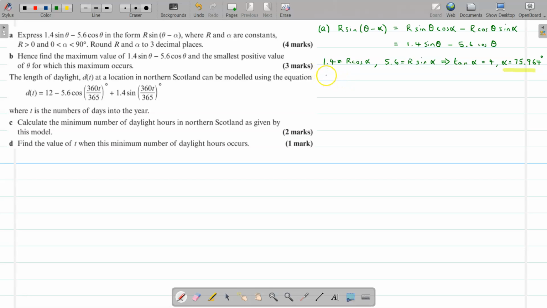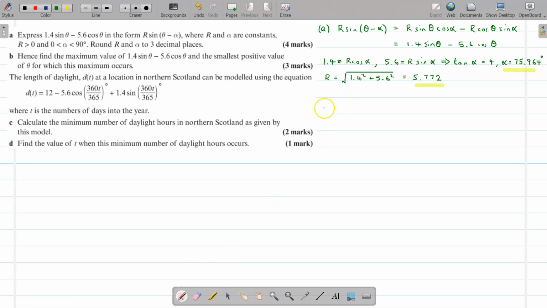So r is therefore the square root of 1.4 squared plus 5.6 squared. Putting that on the calculator to 3 decimal places gives 5.772. And that's the value of r that we are required to give.